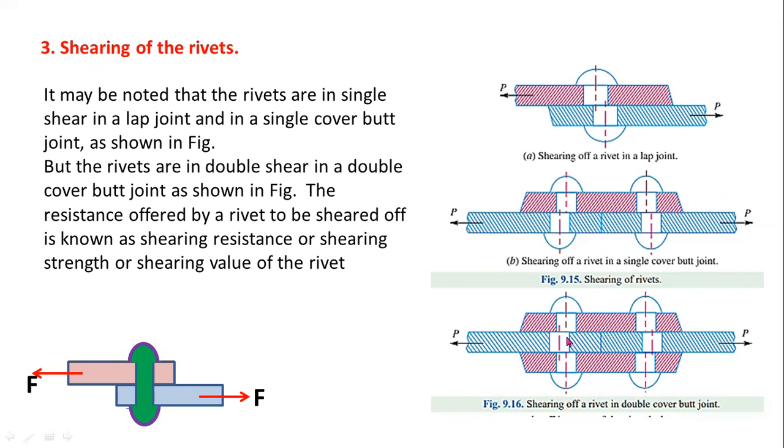This is one place, this is another place. So we have to consider double shear for double strap butt joints. For lap joints and single strap butt joints, we consider single shear, but for double strap butt joints, we consider double shear.